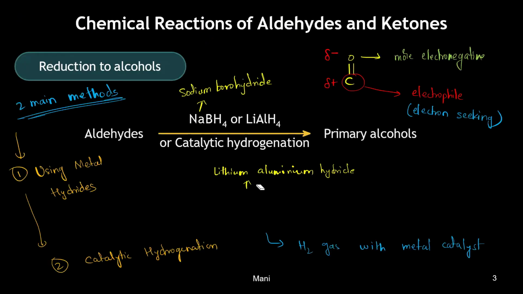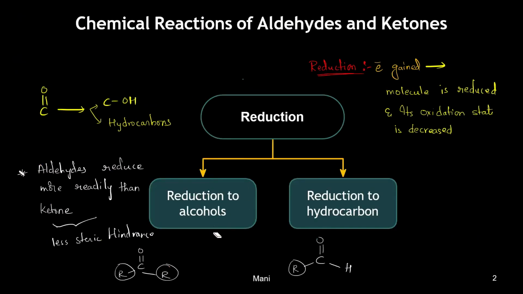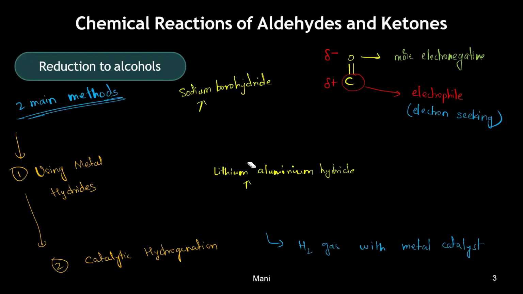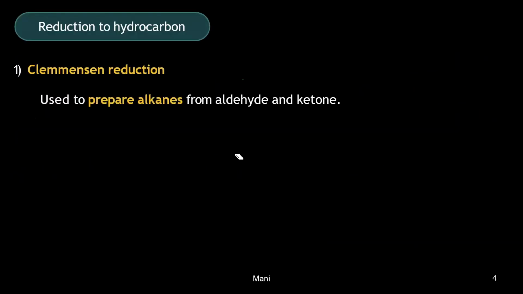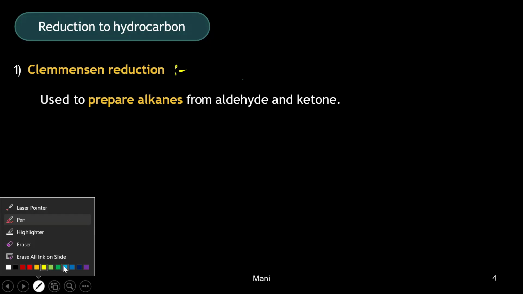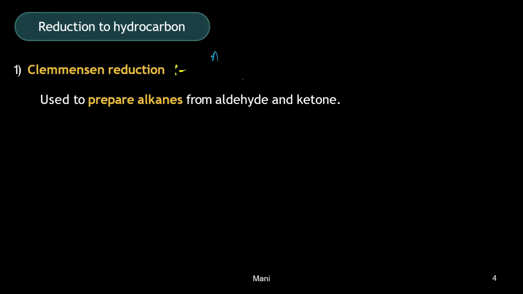That's what we saw here, right? So first, reduction to alcohols, or reduction to hydrocarbons. In this method you convert into alcohols, in the other method into hydrocarbons. So remember, in the Clemmensen reduction, aldehydes and ketones will be converted into alkanes.